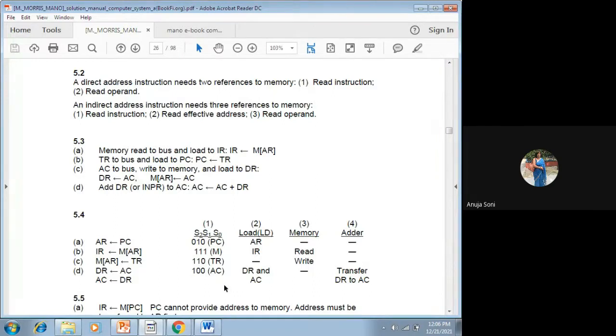From the common bus, it will be transferred to DR by the load signal, and that's why the load signal of DR will be enabled. Afterwards, what will happen? From the adder and logic circuit, under the transfer operation, DR to AC directly will take place. Ultimately, finally, data will be loaded to AC.